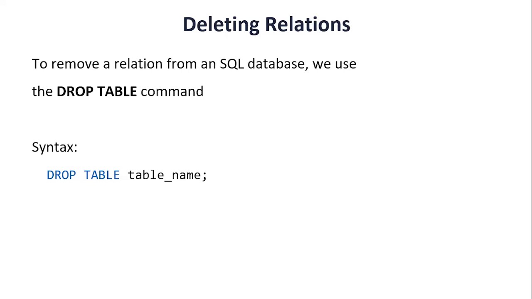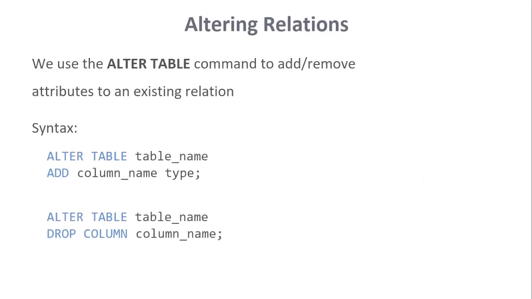So we can use drop table command simply followed by the table name and end with a semicolon. So if we want to drop the persons table we just created, we can use this SQL command drop table persons followed by a semicolon.